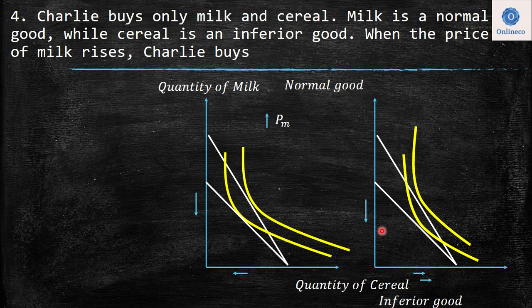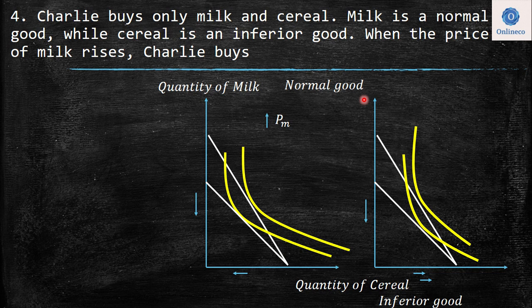The other one: Charlie buys only milk and cereal. Milk is a normal good while cereal is an inferior good. When the price of milk rises, Charlie buys. So it's important to think about here, we have two goods, the quantity of milk and the quantity of cereal. We know that milk is a normal good.